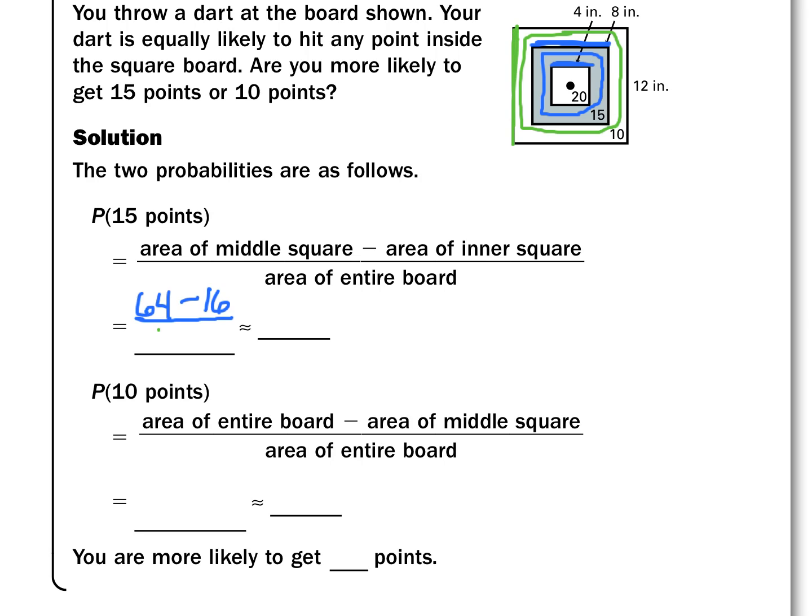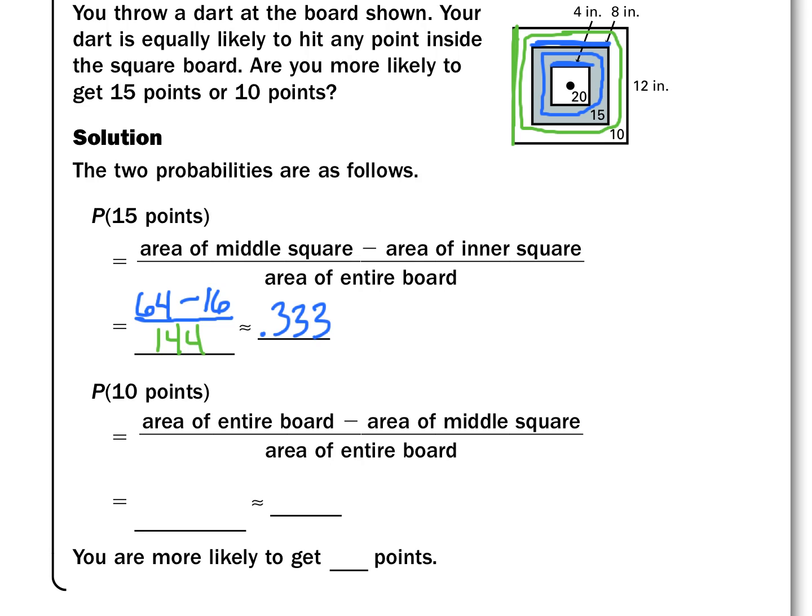Okay, so out of 144 square inches. And that's going to give me a total probability of 64 minus 16, which is 48, divided by 144, which is approximately 0.333.